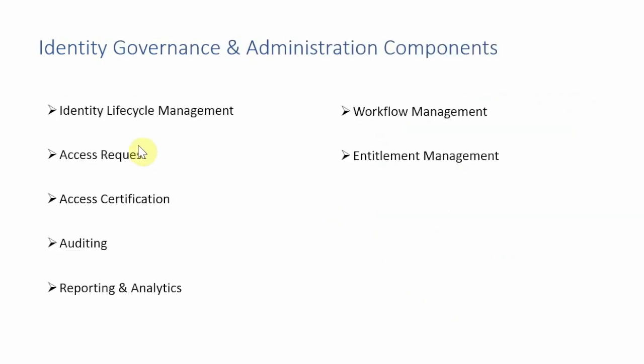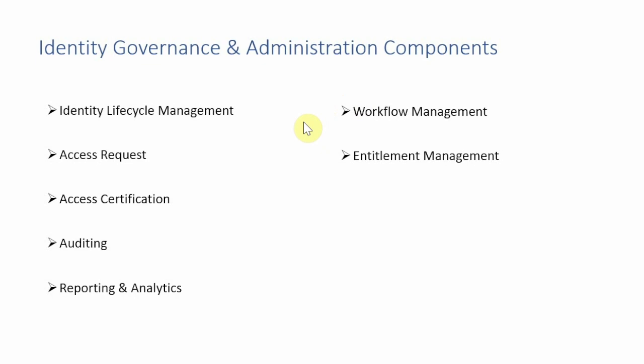So in the next slide, these are the components of identity governance and administration. Here, we can understand how this identity management is done. First, the identity management life cycle, which I have shown in the previous slide, and next the access request.